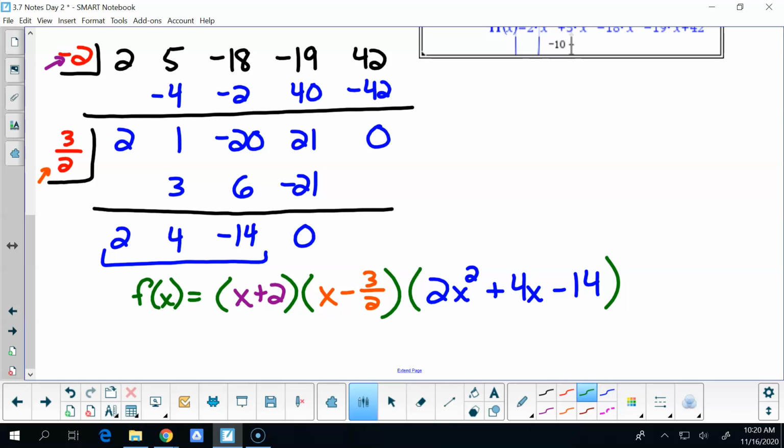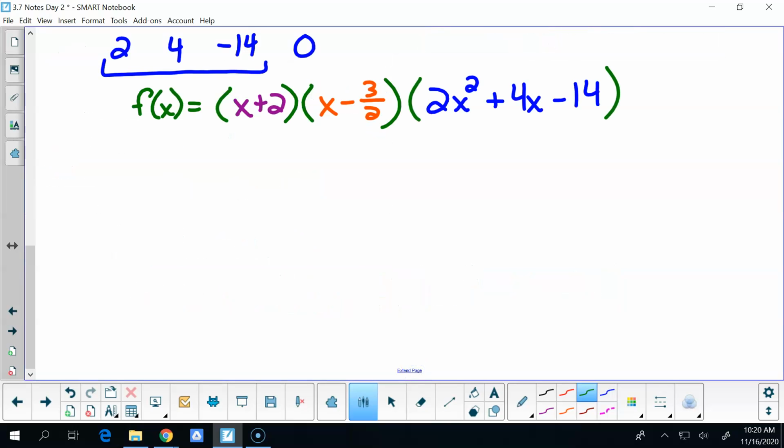And now I got to look at that blue trinomial, and I got to see if I can factor it. Well, I can for sure factor out a 2. Are there two numbers that multiply together to be -7 and add to be 2? No. And we actually knew that from the original one because it was a funky decimal. So we knew that that one wasn't going to be so nice and pretty.